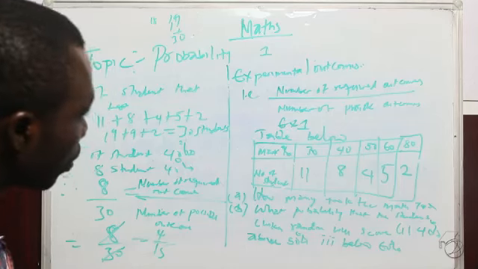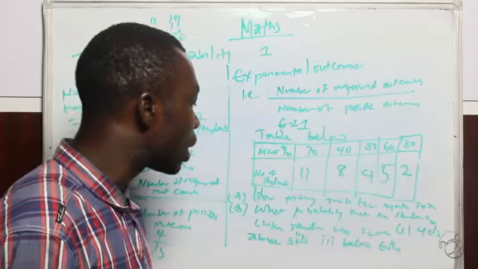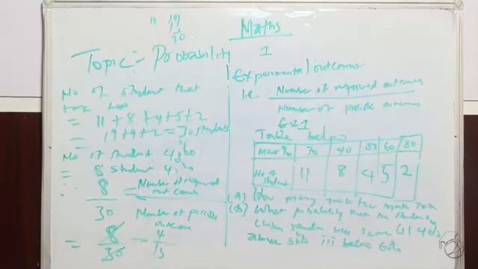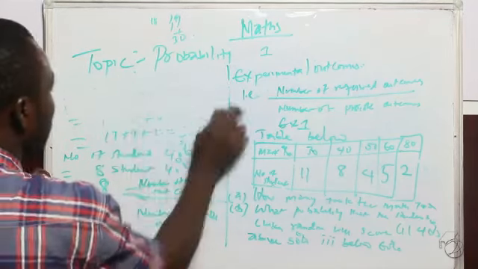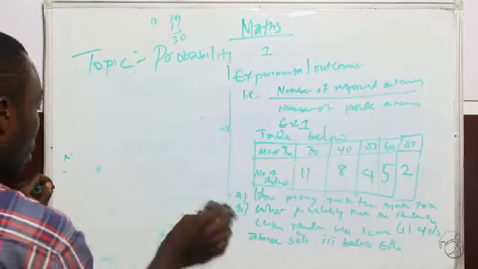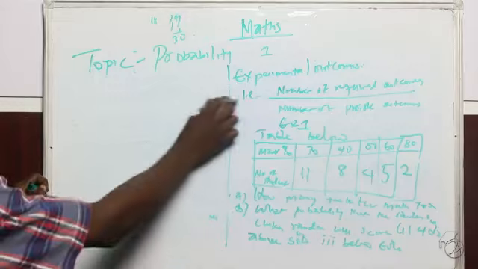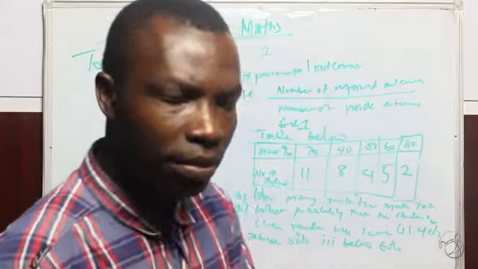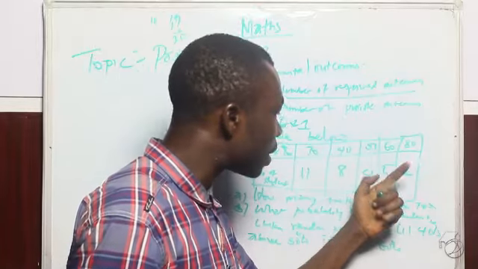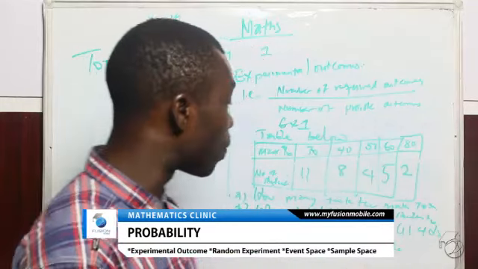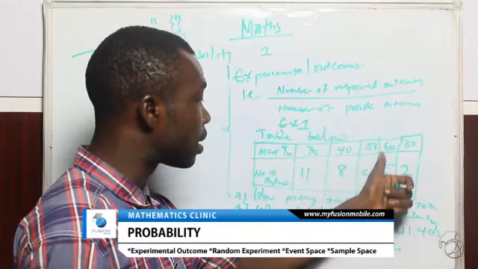I'd like us to still continue by looking at what is the probability of students that will score above 50%. Number of students that will score above 50%. Now, I want us to see this table, that this is 50%, above 50%. Here, this is 60, 80.